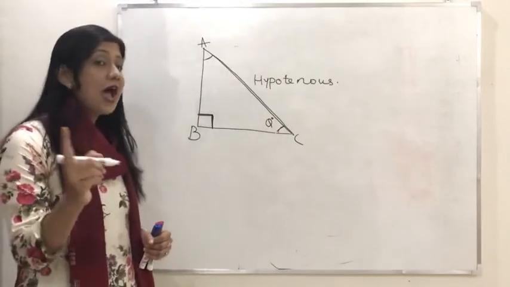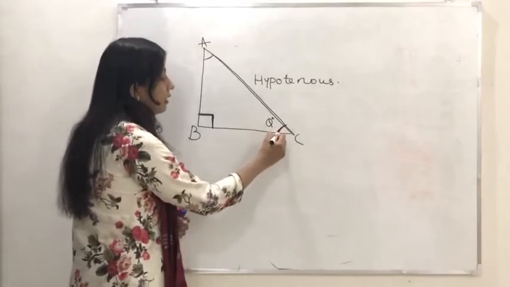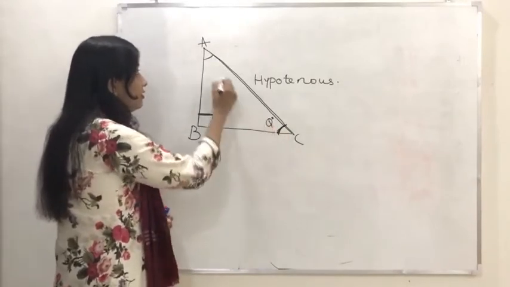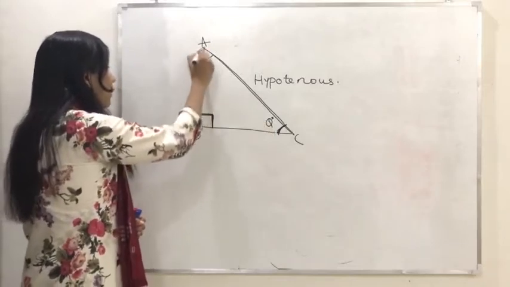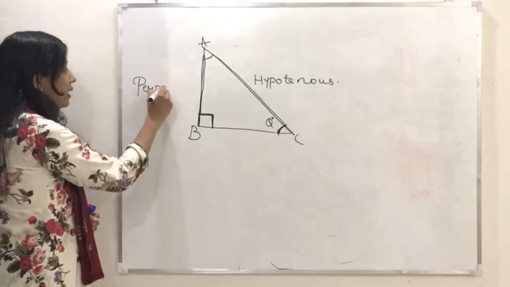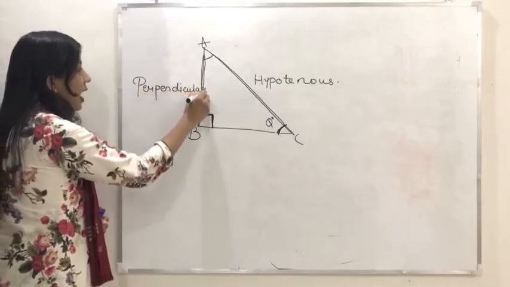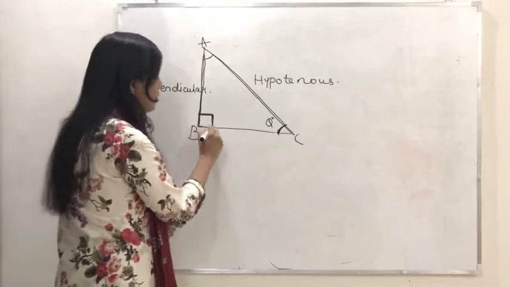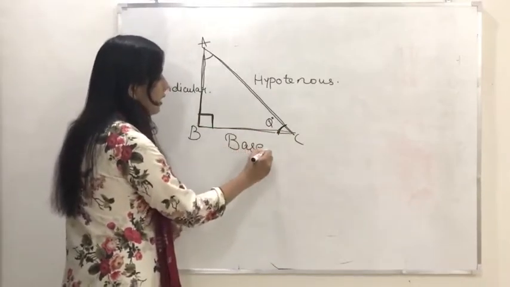So the side opposite to this angle theta, that is your AB, is your perpendicular. And the remaining side, that is BC, is your base.